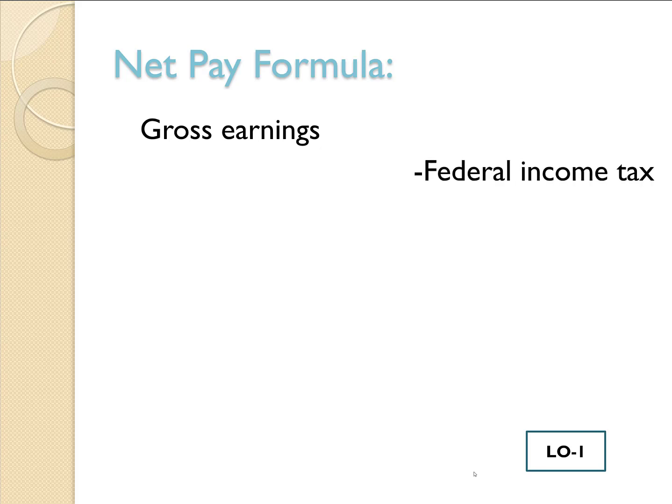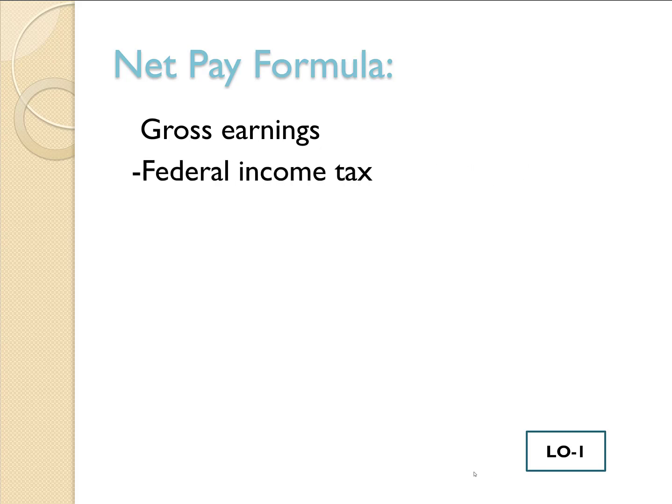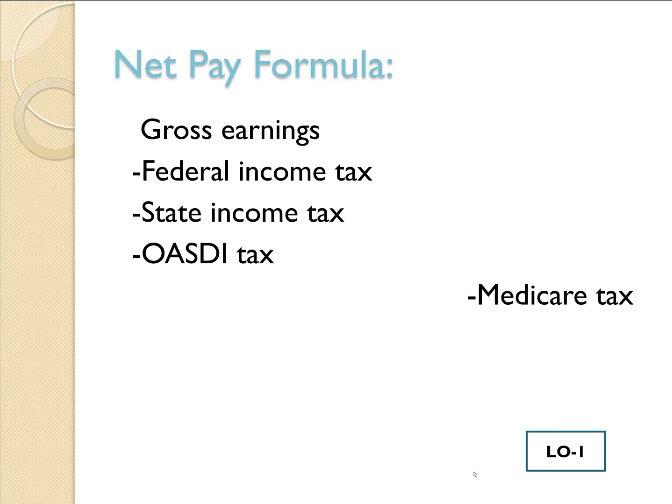So let's figure out what the net pay formula is. To calculate someone's net pay, in other words, their take-home pay, we're going to start with gross earnings. And then we're going to deduct the mandatory withholdings, starting with federal income tax, state income tax, if that state has one, Social Security, and Medicare tax.